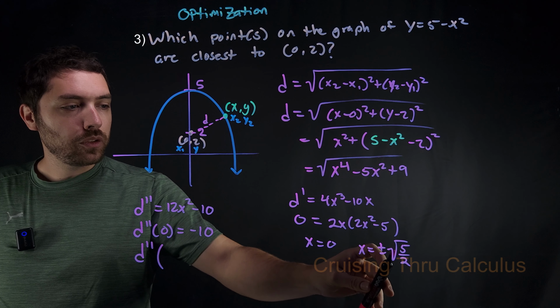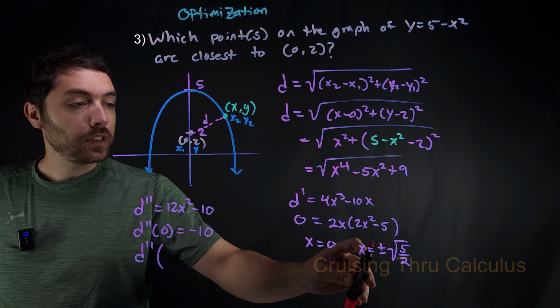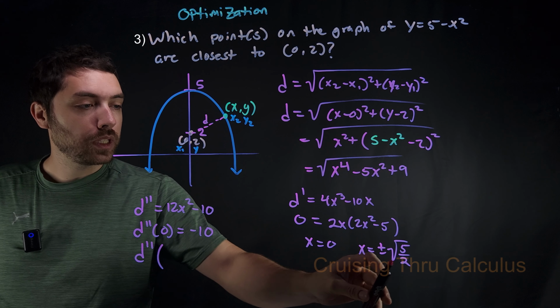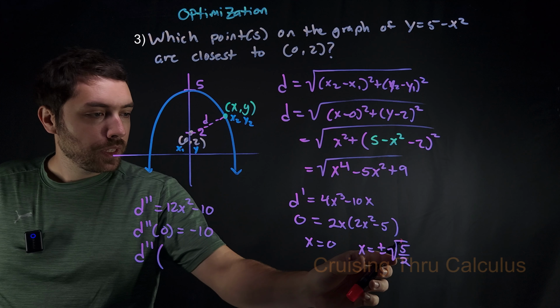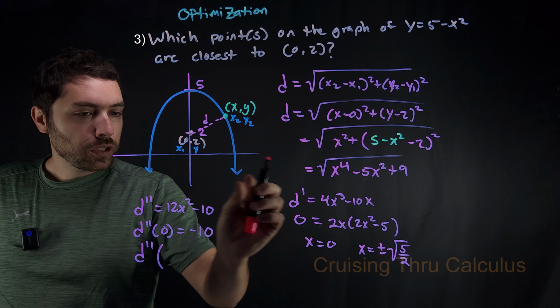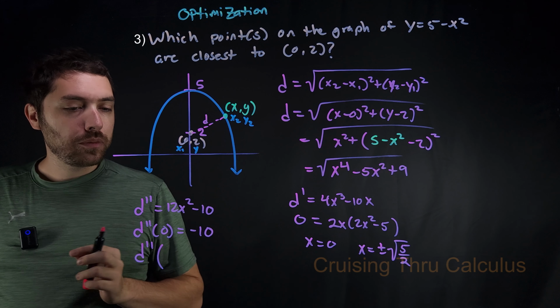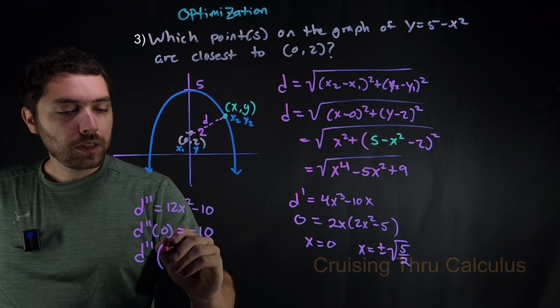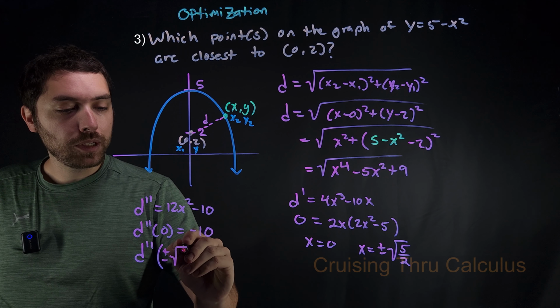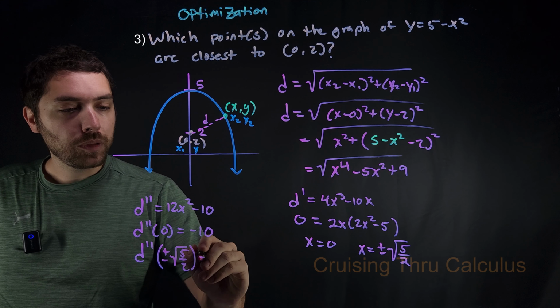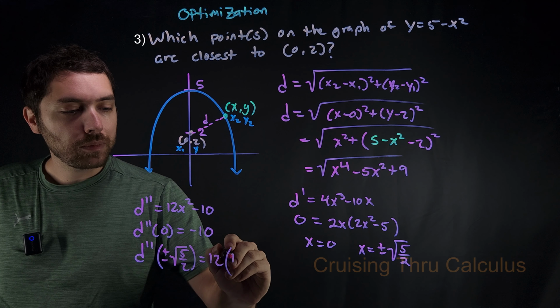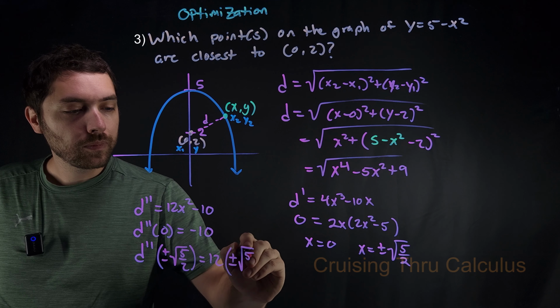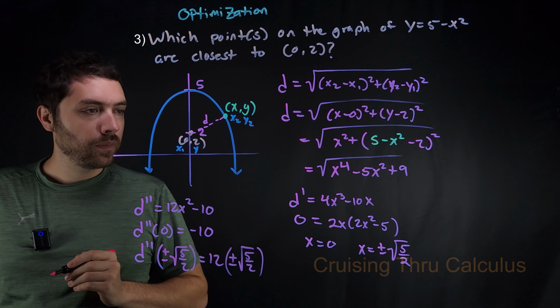Now normally I would do this twice, once for the positive and once for the negative version. But check this out. Whether I take the positive or negative version, I'm plugging it into this x squared piece. When I square it, whether it's positive or negative, I'm going to get the same thing. So I can save myself a little bit of work by including the positive and negative version at the same time, like this.